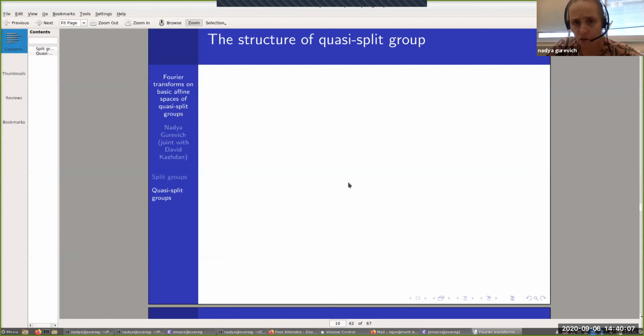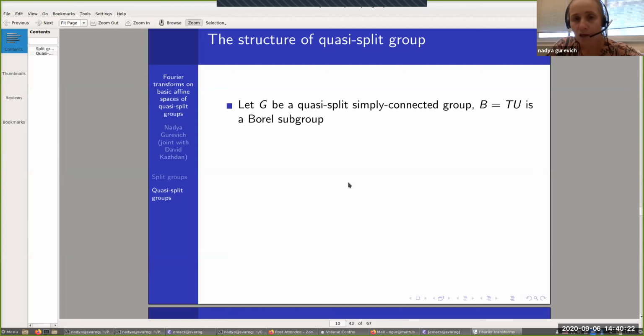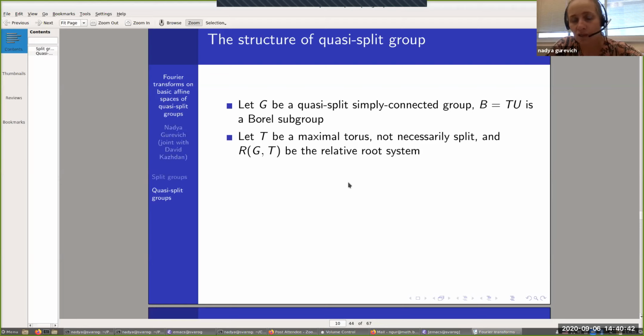So now I'm coming to the contents of our work. The question was how to generalize the same construction for a quasi-split group. So what is a quasi-split group? A quasi-split group is also a reductive group defined over a field which admits a Borel subgroup, with the decomposition of its radical and the torus, but the torus is not necessarily a split one.